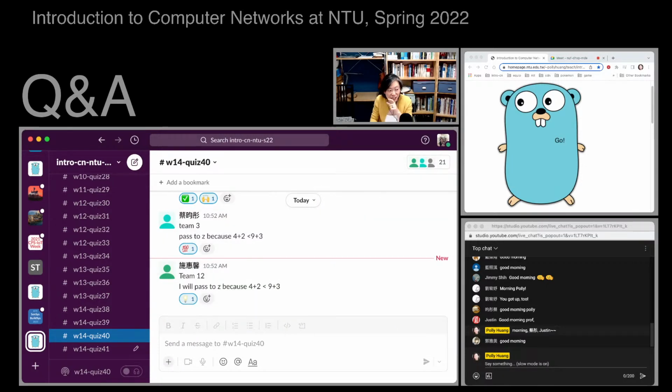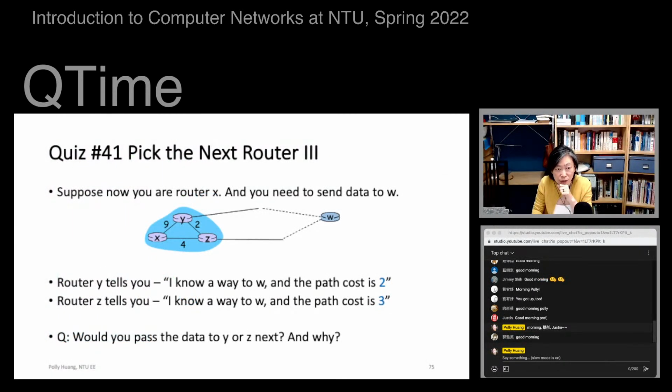Okay. Good. So I think it's a good time now. Let's move on to quiz 41. So this time, the same graph, the same network, but Y tells you something a little bit different, and Z tells you something a little bit different. Y says the cost to W is only 2, and Z says the cost to W is 3, a little bit higher.